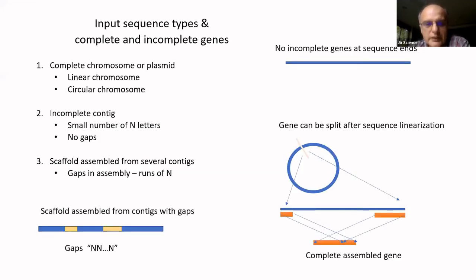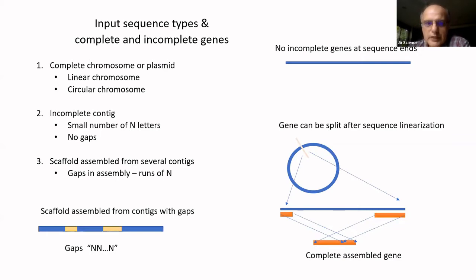Another part of the input is genome organization. So when we're talking about gene prediction, it's even hard to tell which kind of input is most frequent, because from the point of view of the book, we will say, okay, we want to analyze a complete genome.